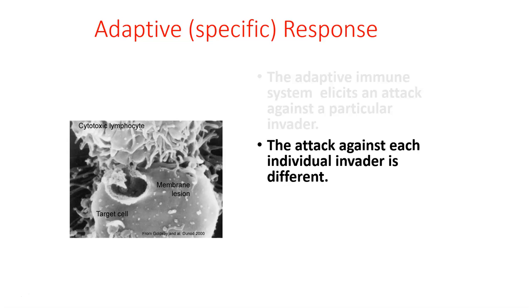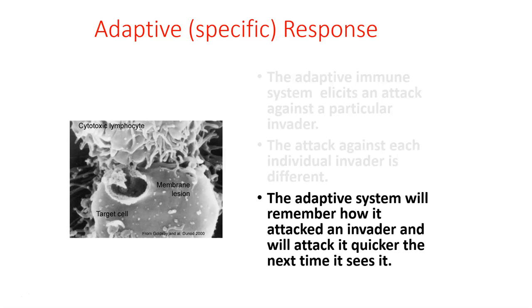How you attack one bacteria is going to be different than how you attack another bacteria. So again, it takes time for your body to develop that attack against a specific invader. The nice thing about our adaptive system is that it will remember how it attacked that invader. So if you're ever attacked by that invader again, it will go after it immediately. So you won't have the delay that you normally see with the specific response.